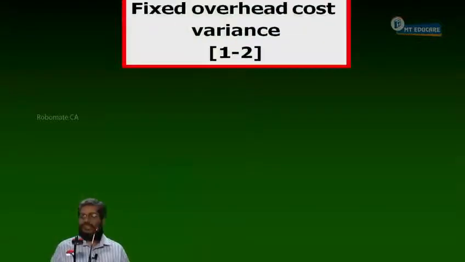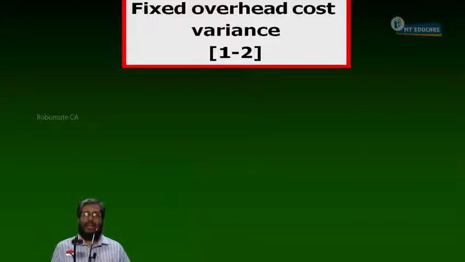Step 3: variance calculation. First, fixed overhead cost variance, 1 minus 2. Branch it into 2.